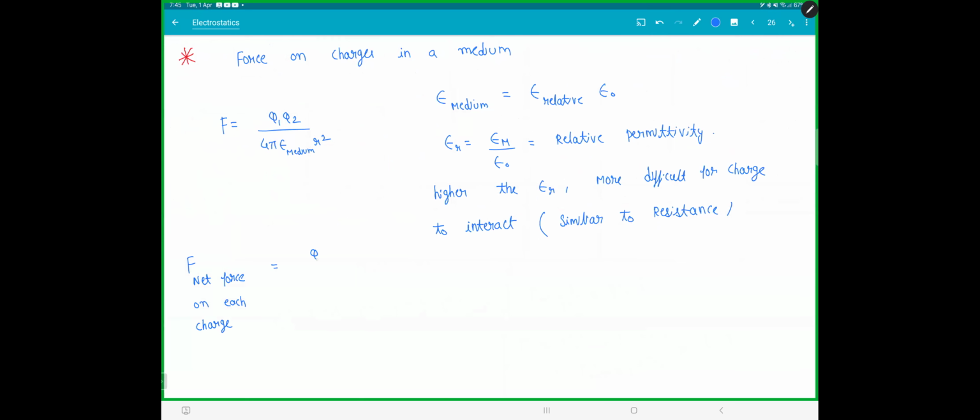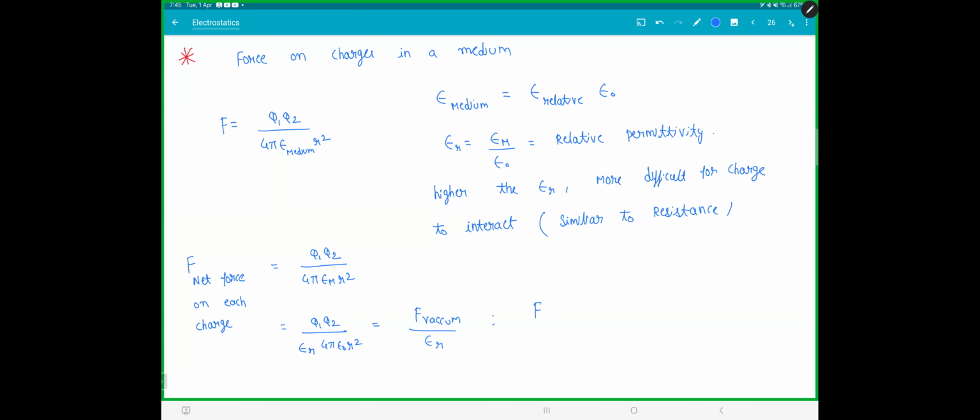It is given by Q1 Q2 by 4 pi epsilon medium r square. So this can be written as Q1 Q2 by epsilon r 4 pi epsilon naught r square. That is nothing but force in vacuum by epsilon r. So force actually decreases.